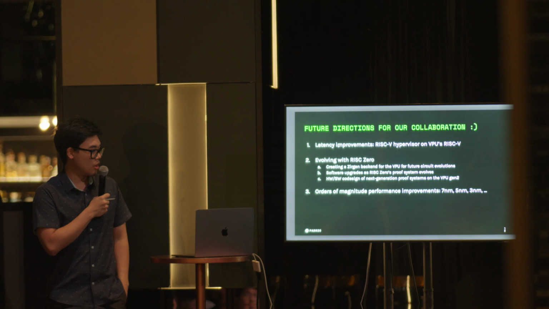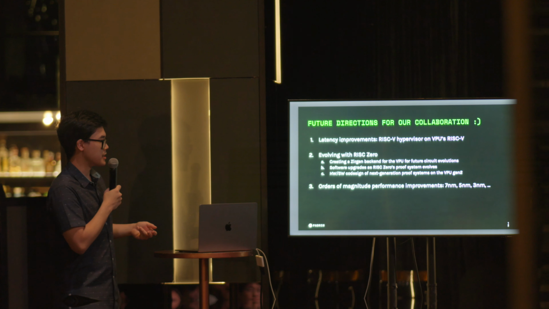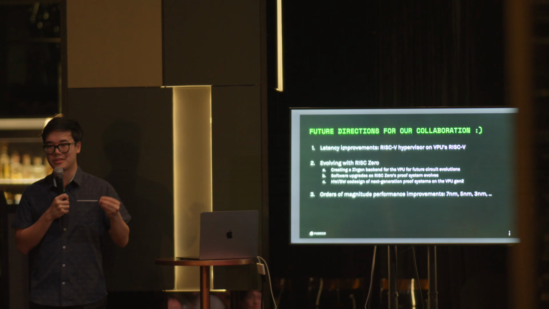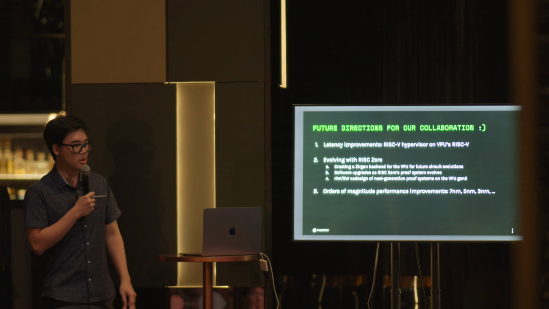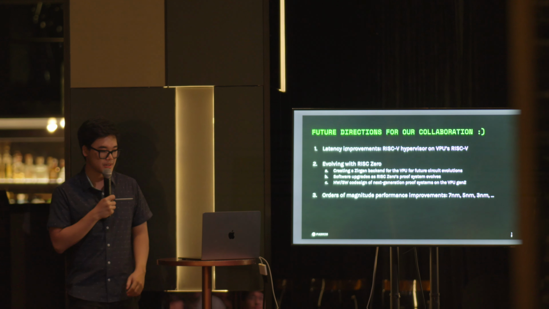And VPU Gen 2 is kicking off its design right now because Gen 1 is close to taping out. So we'll also launch a hardware-software co-design effort with our collaborators on next-generation proof systems towards the next-gen VPU. And of course, we have orders of magnitude performance improvements left on the table. As we move to 7 nanometer, 5 nanometer, and 3 nanometer, we're going to be able to get orders of magnitude beyond the current performance that you saw on the screen.